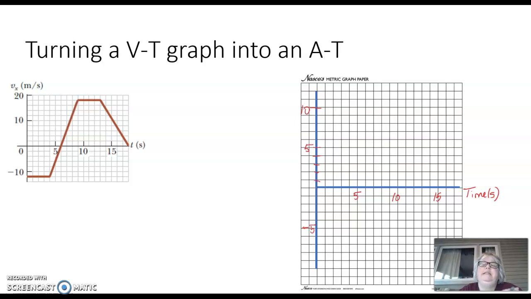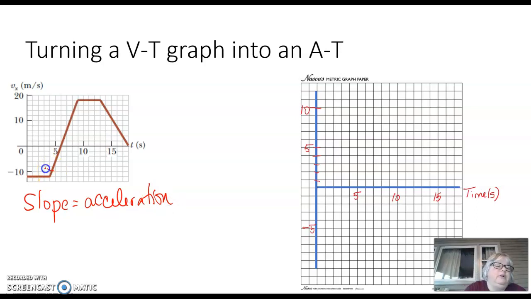So how do we take and then interpret this into an AT graph? Well, the key is to remember what an acceleration is on a VT graph. The acceleration is the slope. The slope of the line at any point equals our acceleration.